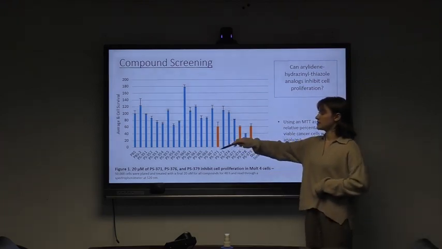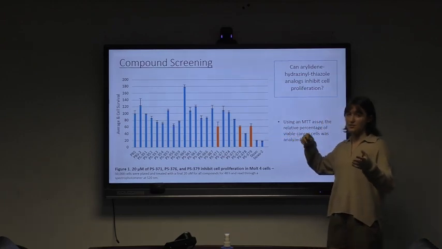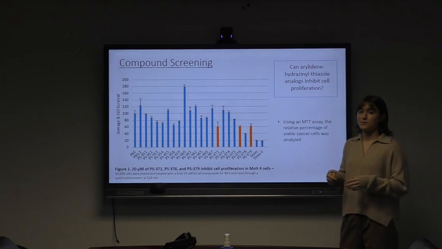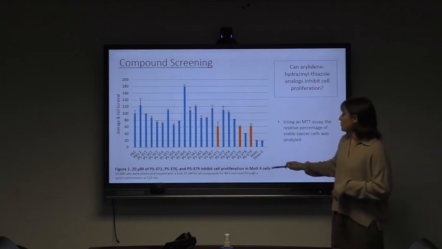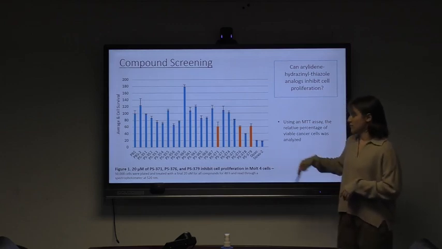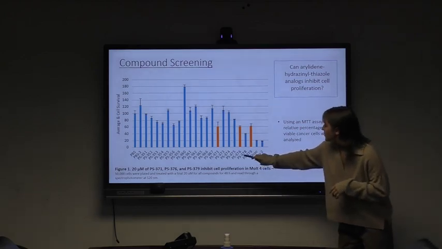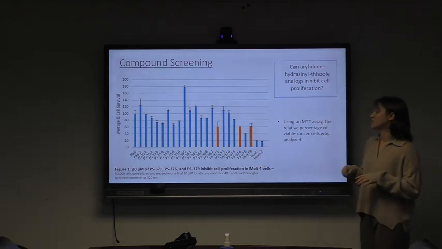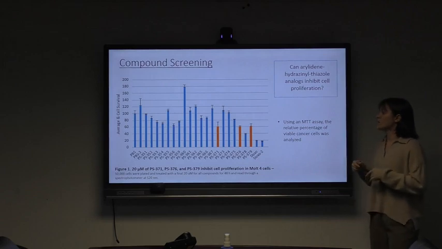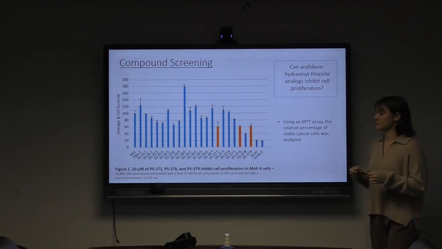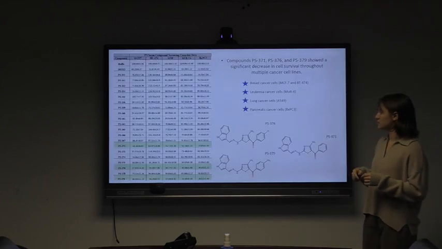Using PBS, you see 100% cancer cell survival, and then with doxorubicin, which is a known chemotherapy drug, you'll see it's under 20% cancer cell survival. We found that PS371, 376, and 379 inhibited cell proliferation by greater than 50% in multiple cancer cell lines. Next, please.